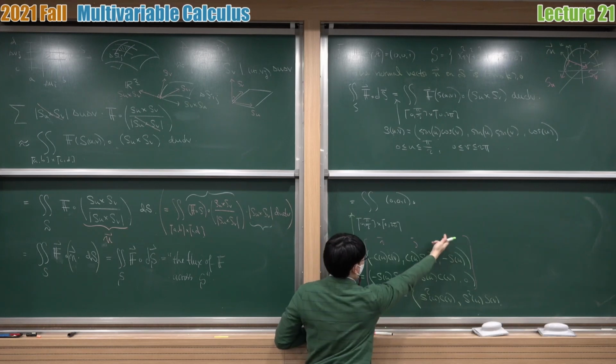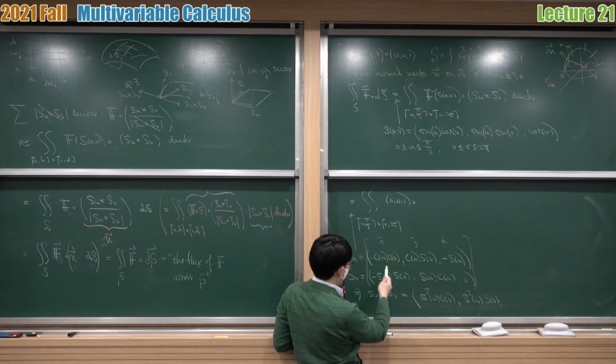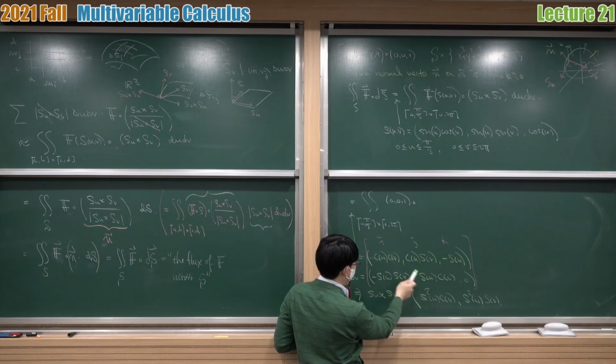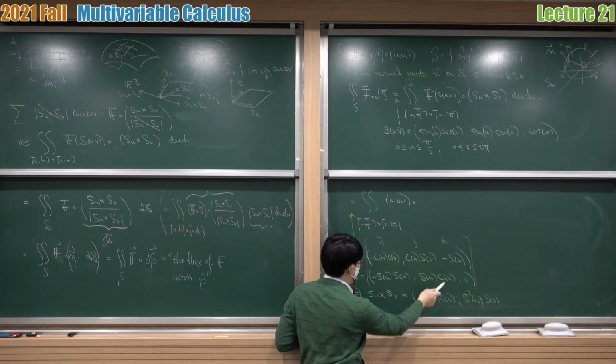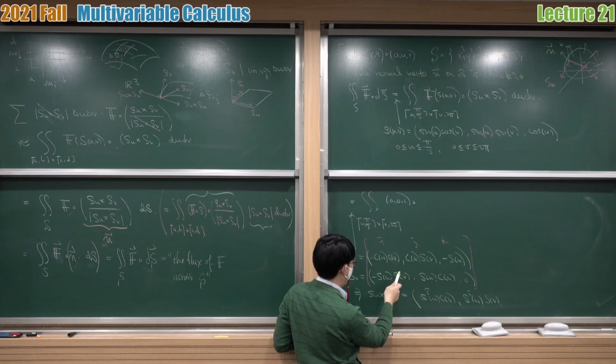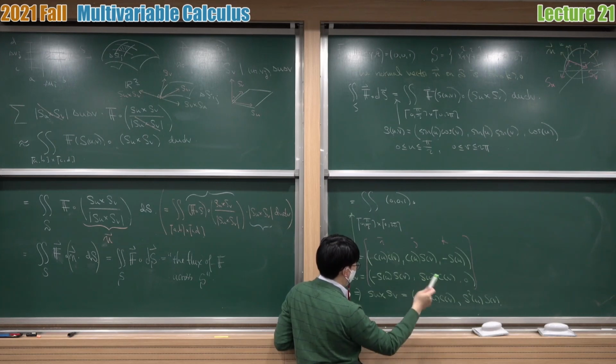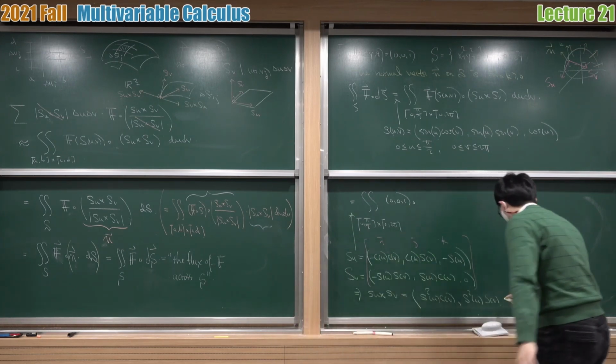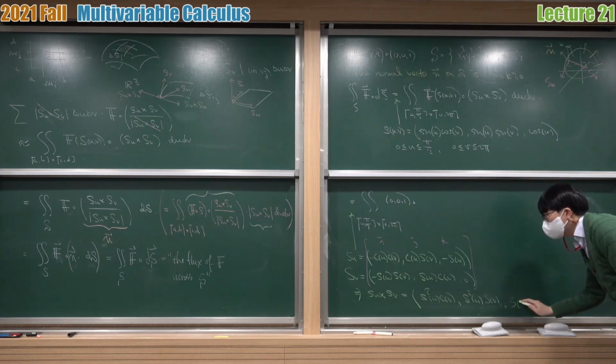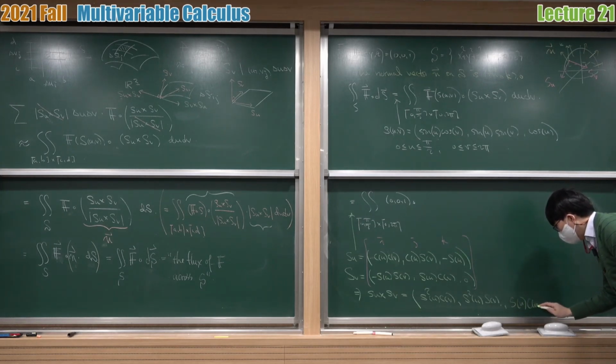And what comes to the coefficient of k? So we have cosine U sine U cosine squared V plus cosine U sine U sine squared V. So cosine squared V plus sine squared V adds to 1. So basically we have sine U cosine U. Okay, so that's the cross product.